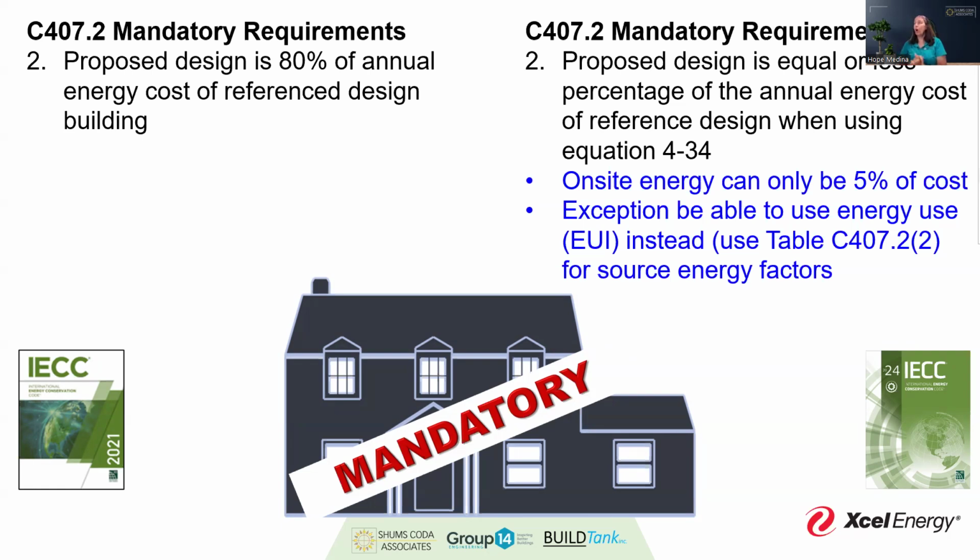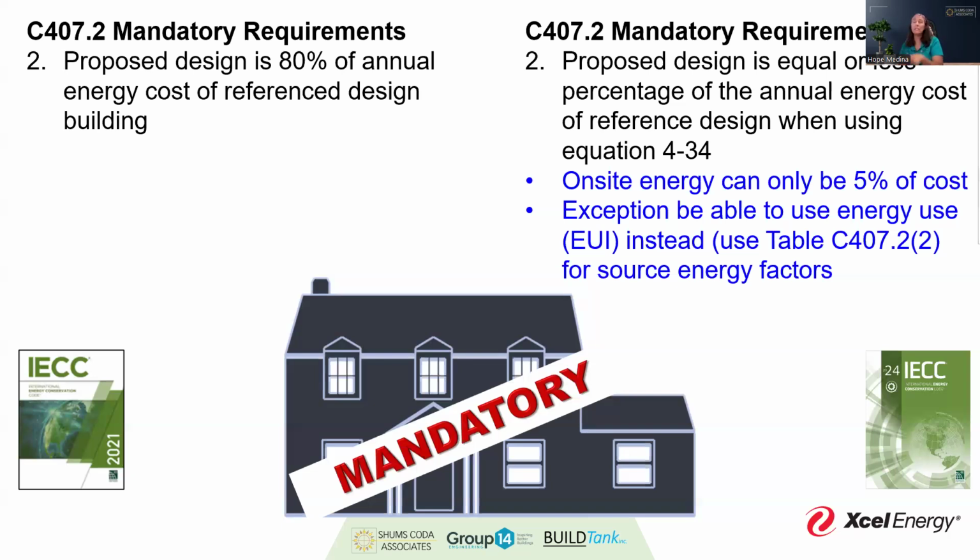Now, in that section, it also had a few additional items. You can utilize on-site renewable energy, doesn't have to be solar, but you can only apply that to 5% of the cost.